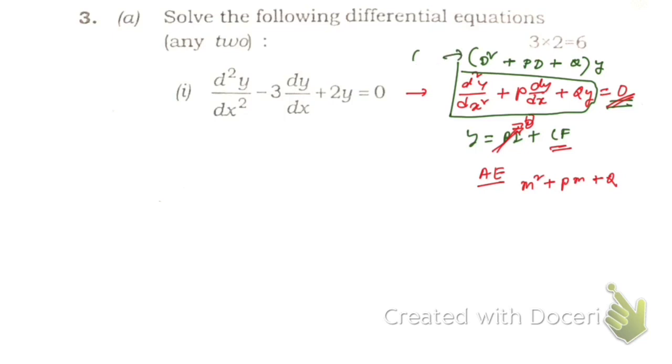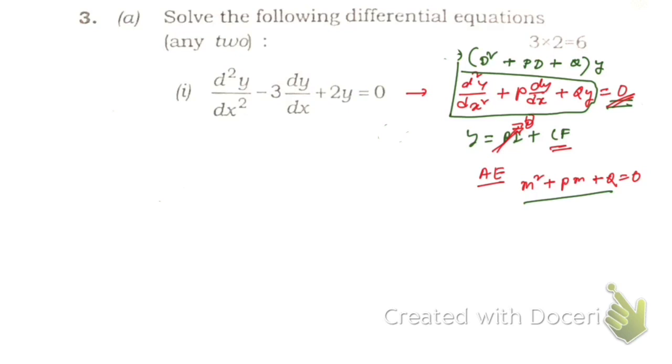This is your f of D, right? If you replace D by m and take f of m equal to 0, that is your auxiliary equation. That is how we have obtained the auxiliary equation.